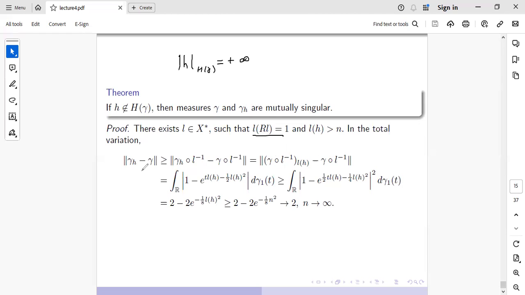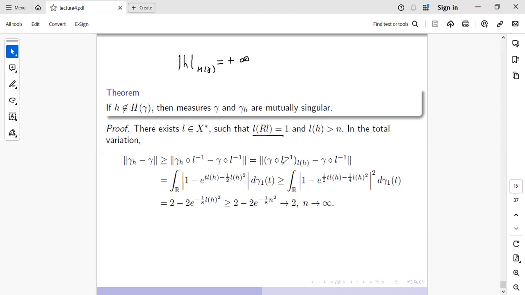Now estimate the total variation distance between the shifted measure γ and the non-shifted measure γ. When we consider images of measures, the total variation distance decreases.